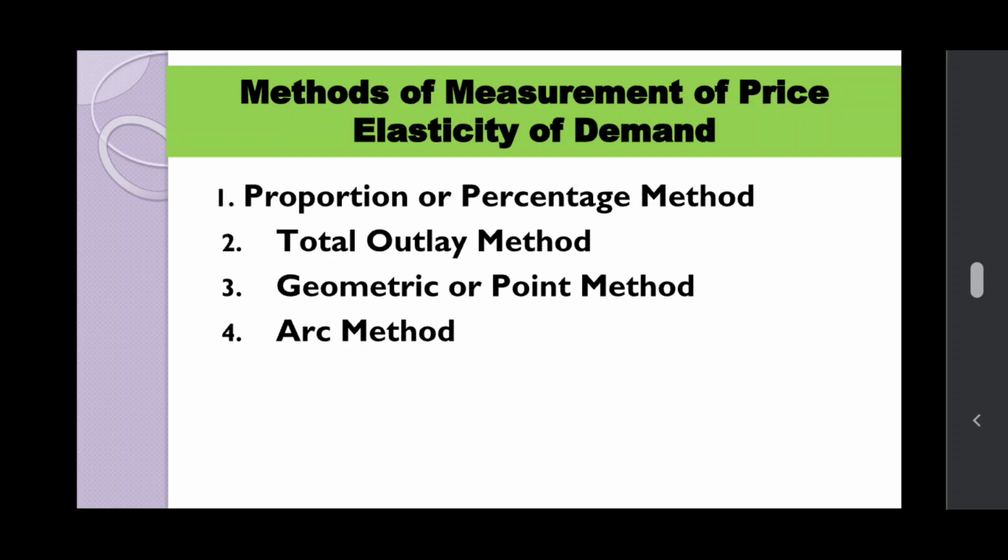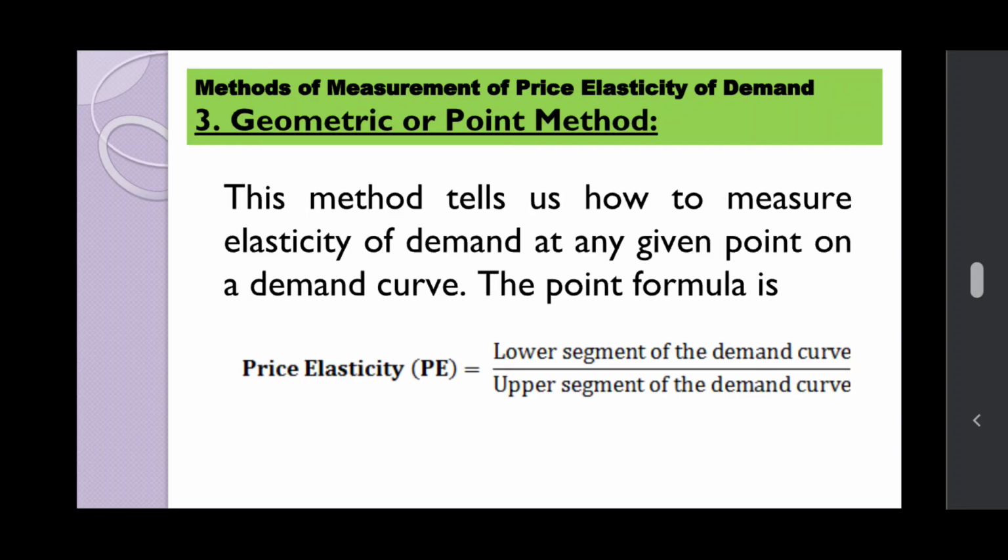The first 2 methods I have explained in part 1 of my video. In this video, I will explain the remaining 2 methods, that is geometric or point method and arc method. So let's understand these methods one by one.